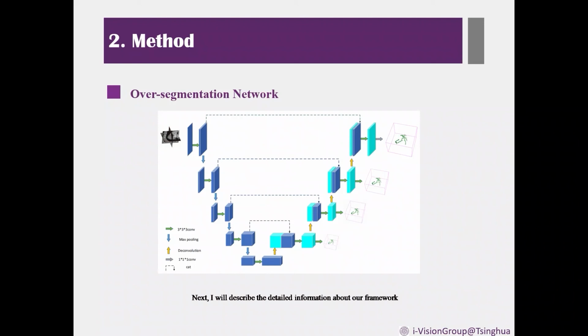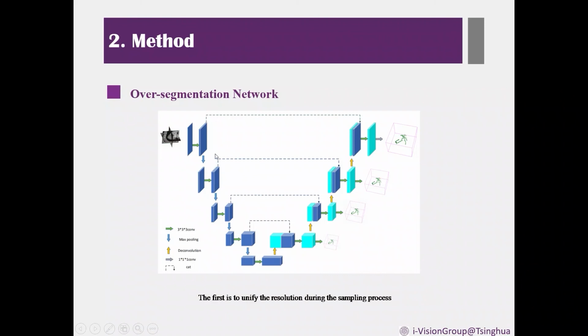Next, I will describe the detailed information about our framework. Firstly, the over-segmentation network. The segmentation module used in our framework is customized from the basic 3D U-Net. Compared with 3D U-Net, we make two improvements.